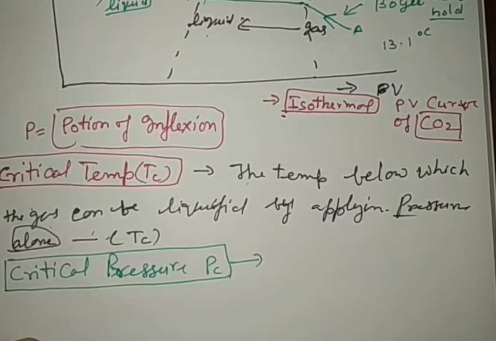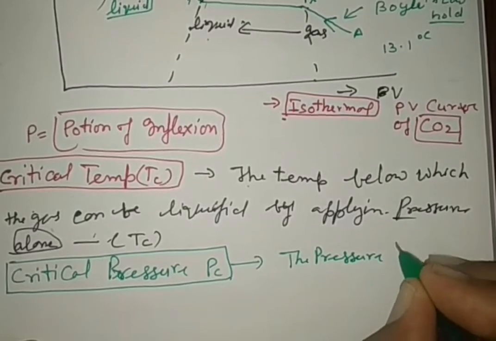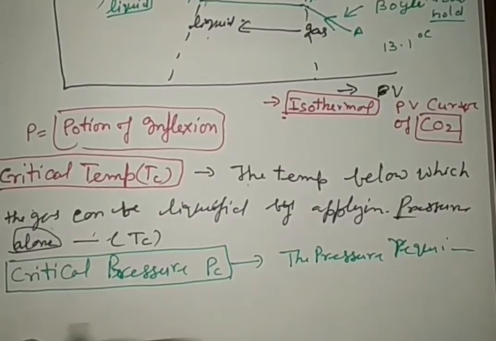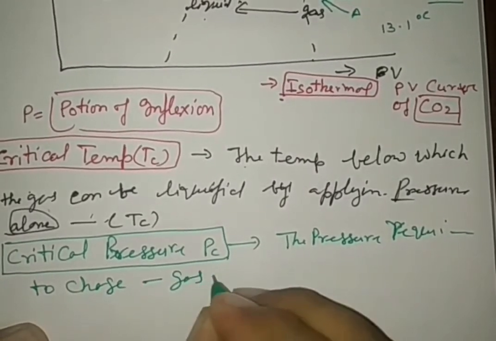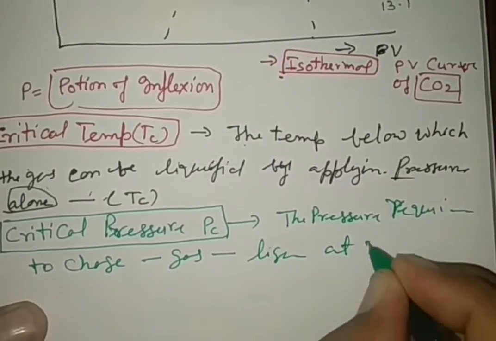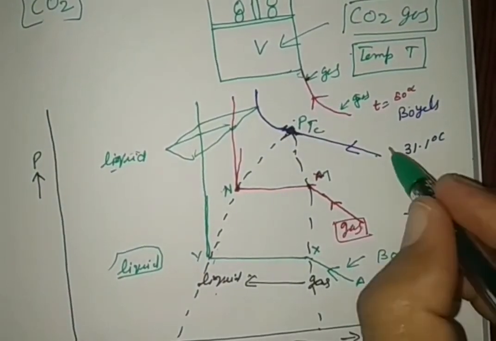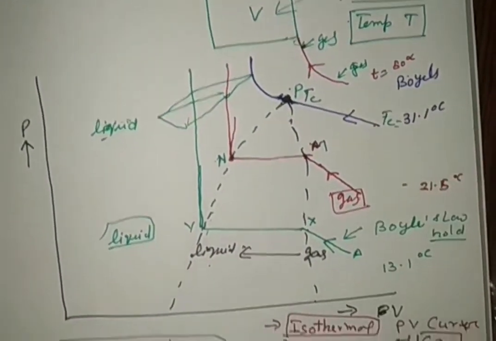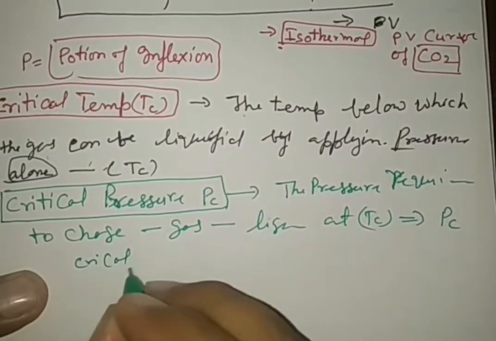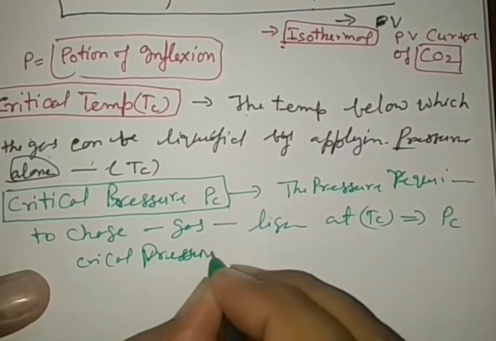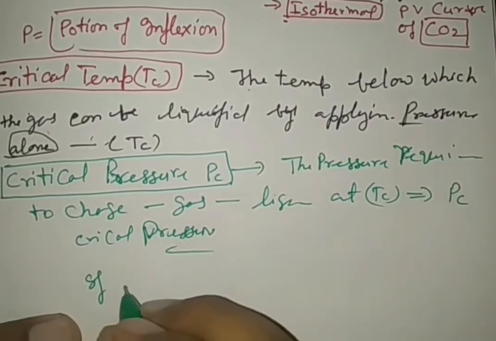The pressure required to change from gas to liquid at Tc. Here at this temperature Tc, the pressure is called critical pressure Pc.